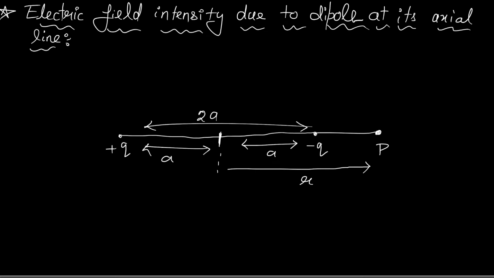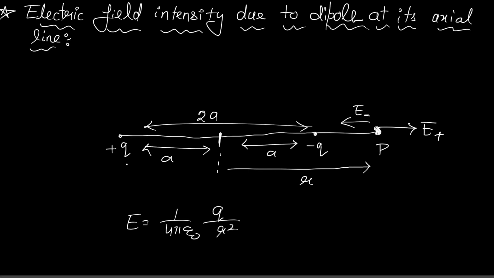Due to the positive charge, the electric field direction at p is away from it, because the electric field goes away from the positive charge. This is the E positive value, and this is the E negative value. Remember that I should write E positive smaller, because the electric field due to a point charge is 1 by 4 pi epsilon naught times q by r square.